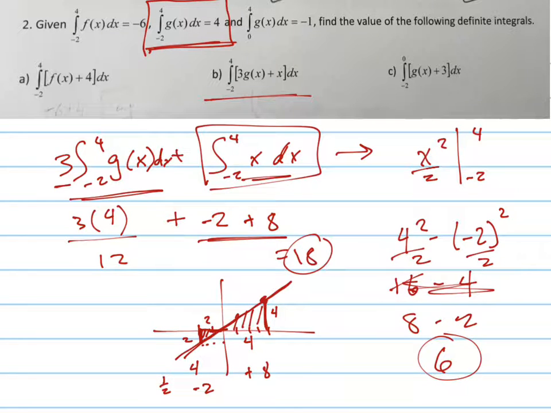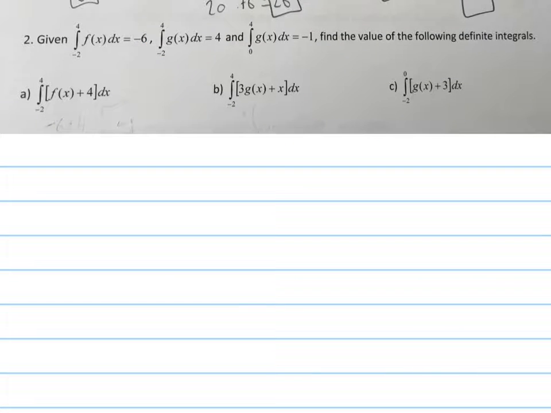Okay? So this last one is the trickiest of them all, because you don't really see anything that has a -2 to 0. So here's how you need to think about this one. First of all, you can distribute it: the integral from -2 to 0 of g of x dx plus the integral from -2 to 0 of 3 dx.